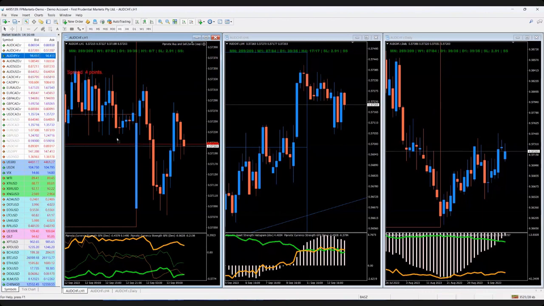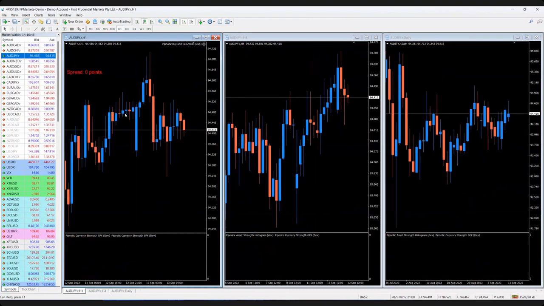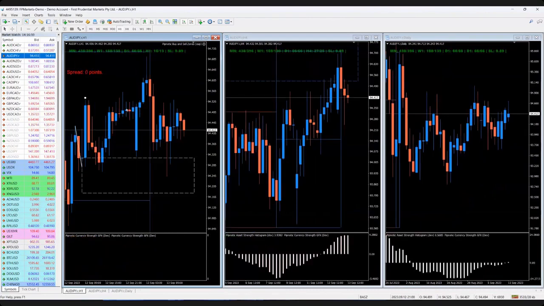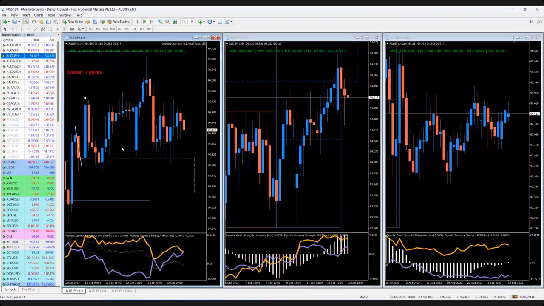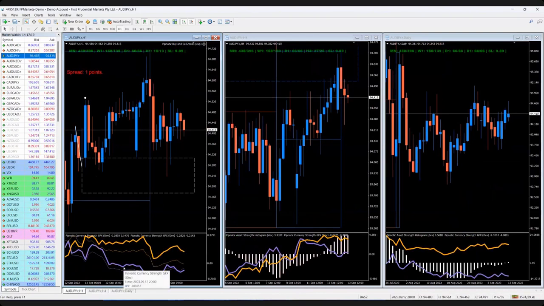I move it onto one, and then that little indicator does the rest for me. Here you can see what it's like on the daily chart, here we have the 4-hour chart, and the hourly chart. We can see super clearly that we have a signal to buy here. This area was formed, price comes back, and we start to snap up quite strongly, quite forcefully. These lines down here are just currency strength, so you don't have to pay too much attention to that.